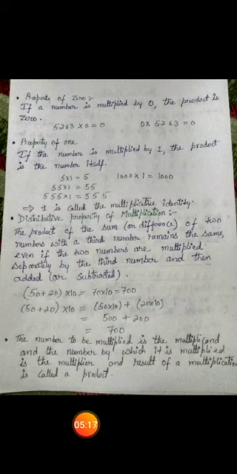Now the second step: 50 plus 20 into 10, first we multiply 10 with 50, plus 10 with 20, which means we are separately multiplying each number by 10. 50 into 10 gives 500, and 20 into 10 gives 200. Now we add both products, which gives 700. This is our distributive property of multiplication.